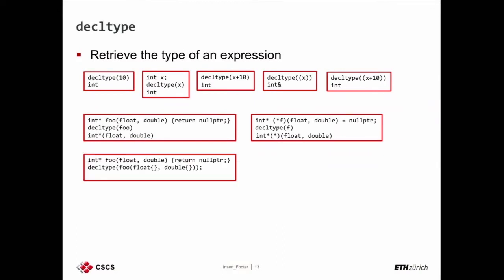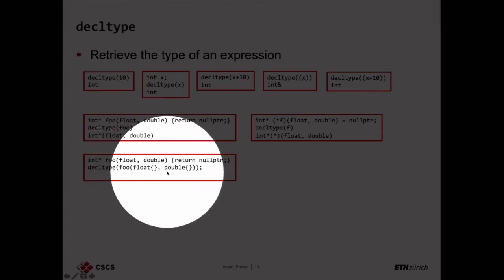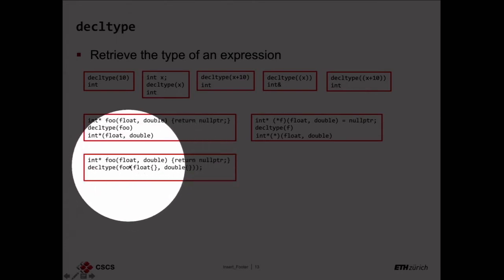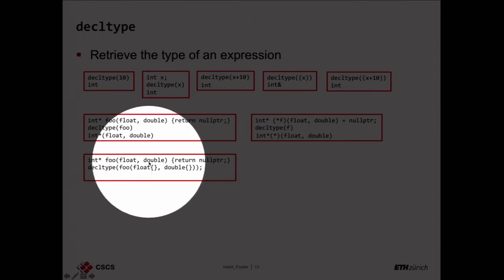What if I do this? I have my function exactly as before, but now I do foo of float and double. I'm actually calling the function with default constructed, zero constructed float and double.